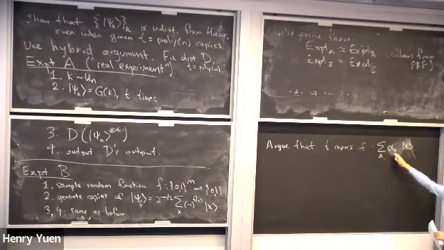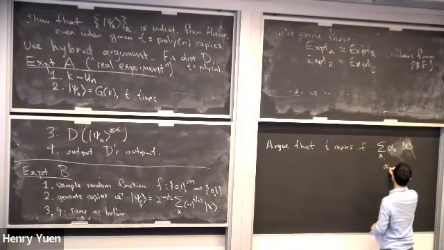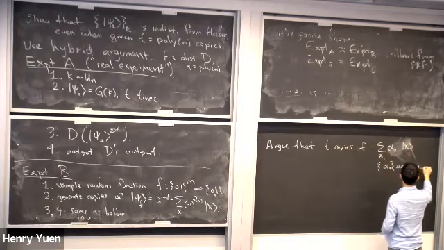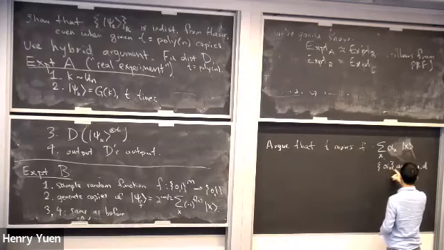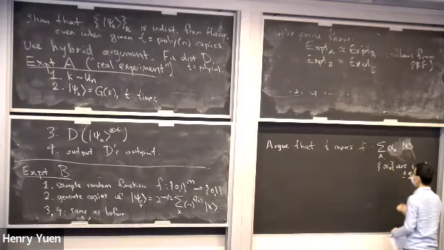So alpha sub x is a uniformly random plus or minus 1 value, IID plus or minus 1.